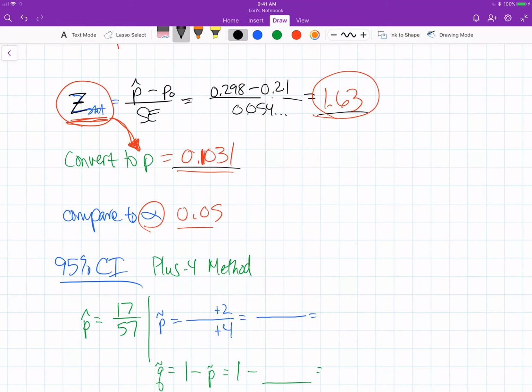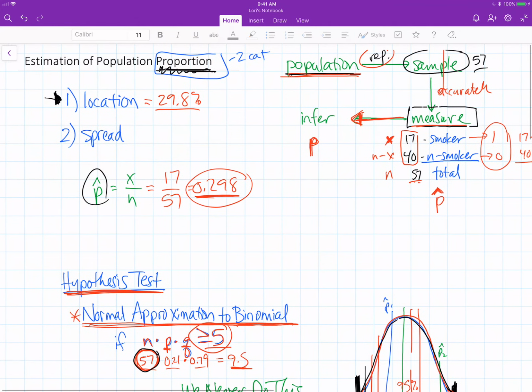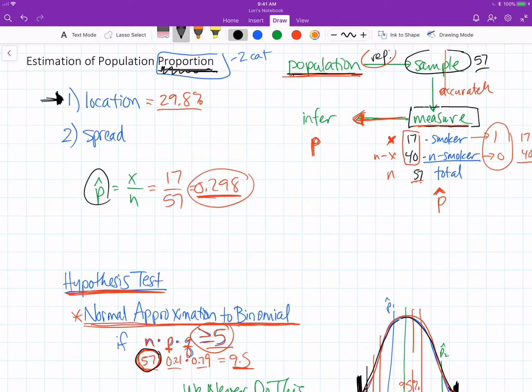That is a summary of looking at the actual location. We calculate it as 29.8%, and it's different from 21%, but it is not statistically significantly different from 21%, which was what our test hypothesis was.